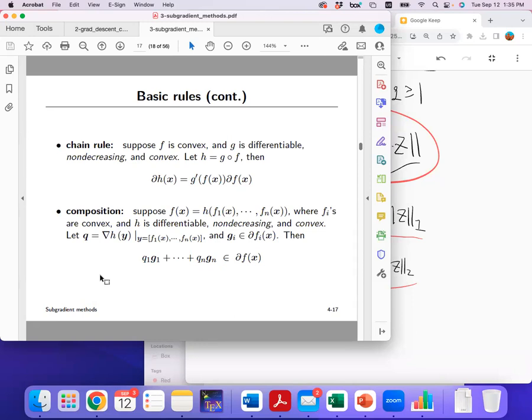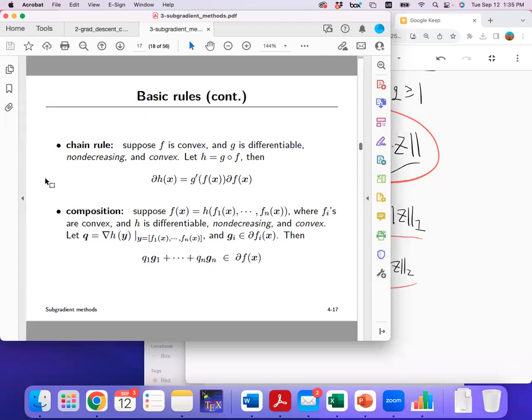And there are some other chain rules and composition rules which are pretty similar to those for derivatives. We have seen them in lecture 0. I will not go over them in detail, and we probably won't need them in this course, but this is good to have as a reference.